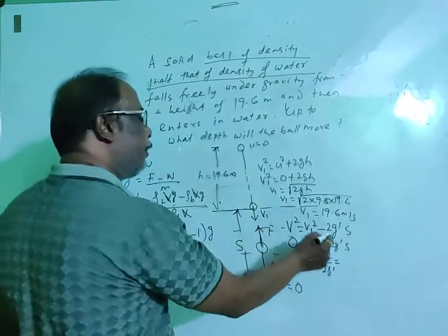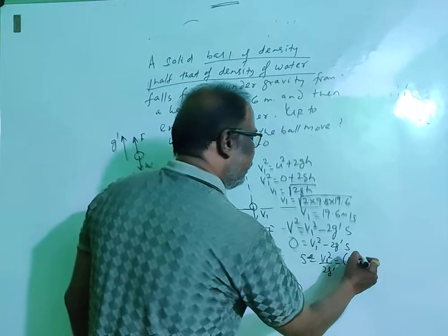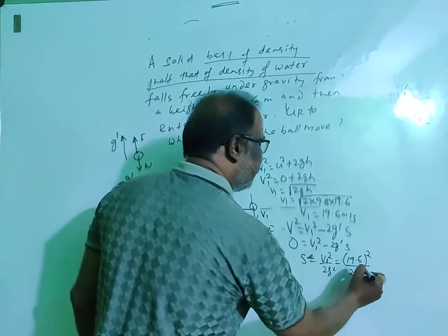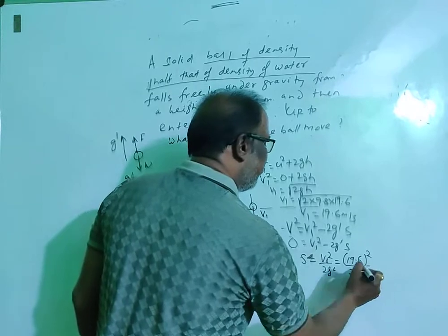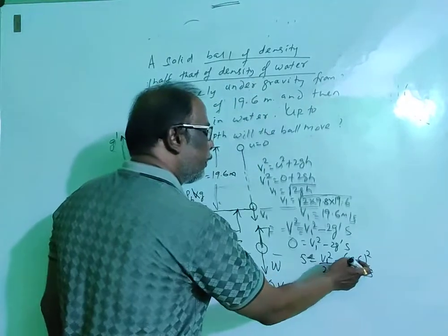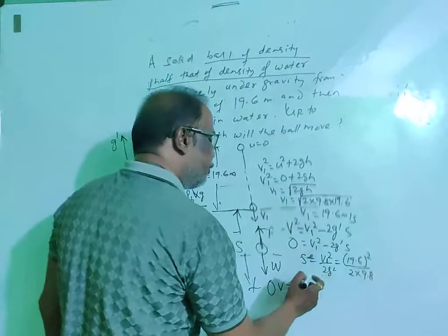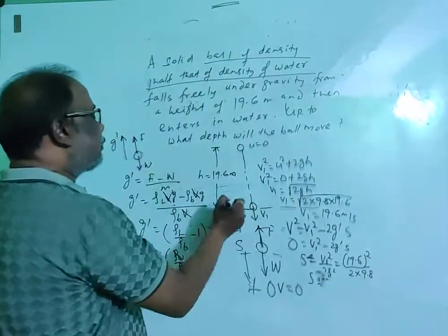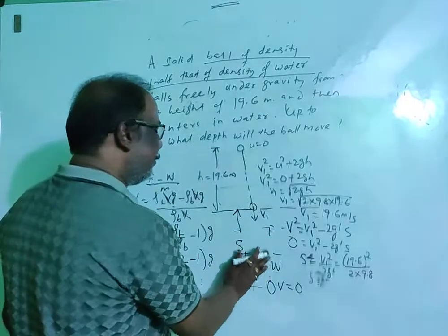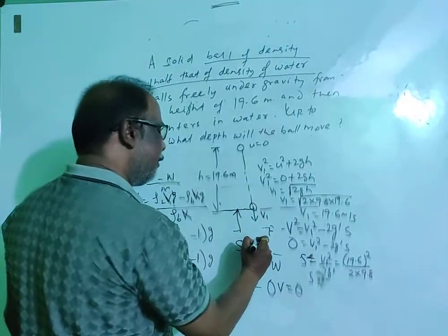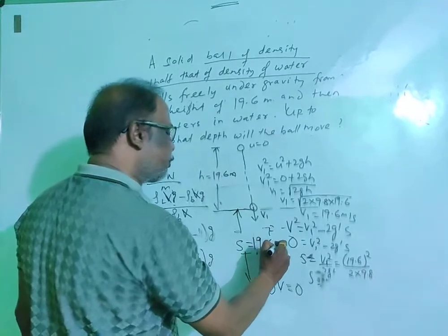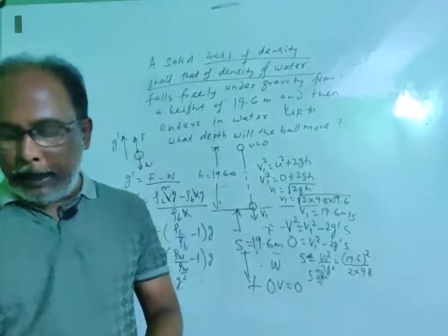V1 you got 19.6, square, divided by 2 into G dash, G dash is G, means 9.8. 2 into 9.8 is 19.6. So S, final answer, S is 19.6 meter. Is it clear?